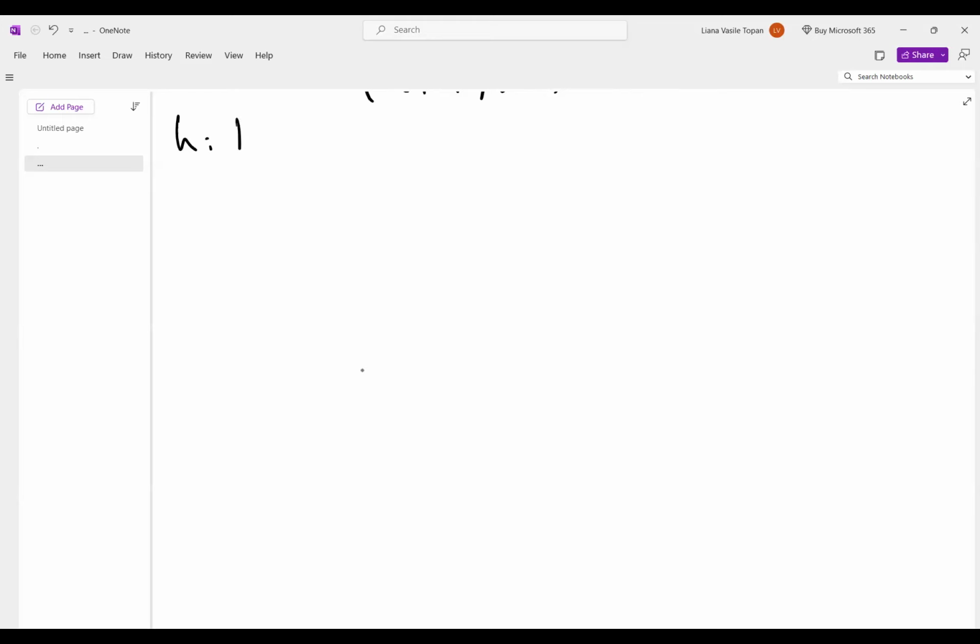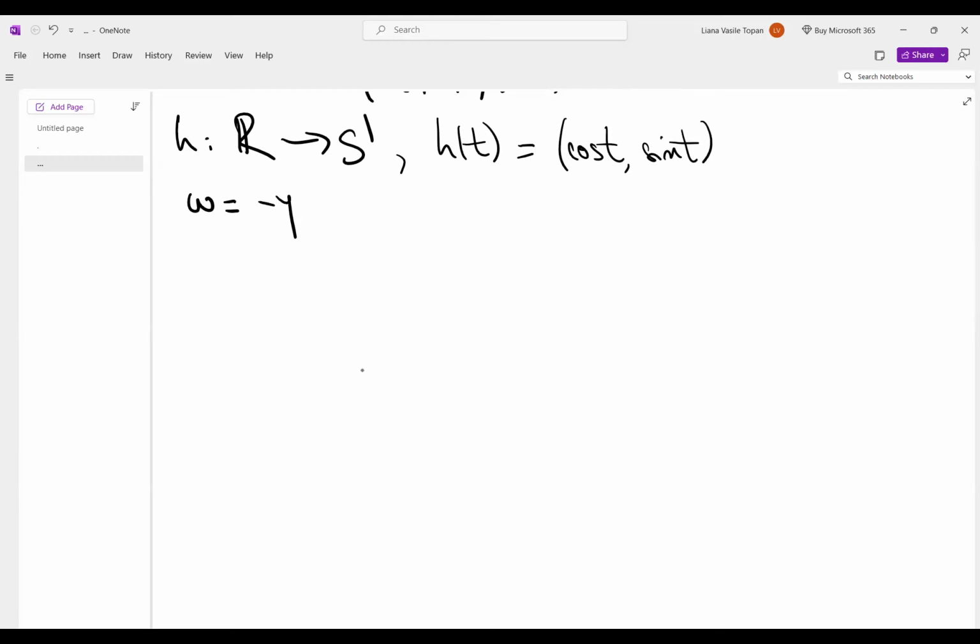Take h from R into S1, defined by h of t equals cosine of t, sine of t. And then we take the following one form on S1: minus y dx plus x dy. This is a one form on S1, and we want to find the pullback of omega along h.